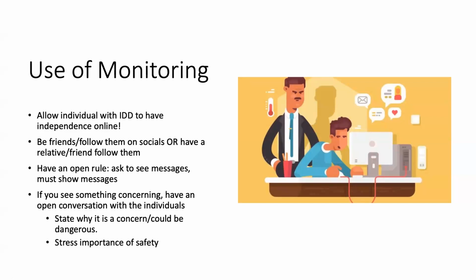monitoring through the platform's family center. And that tends to be the more acceptable use of monitoring, because you can't control what's happening, but it will notify you if there are dangerous things happening that you should be aware of.